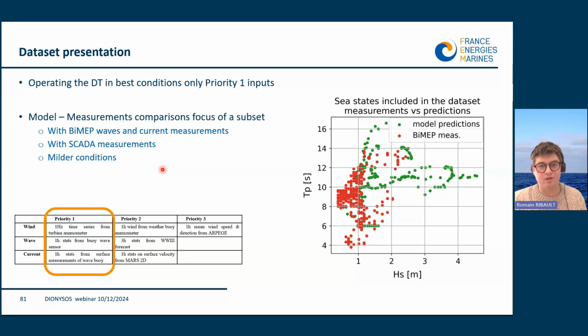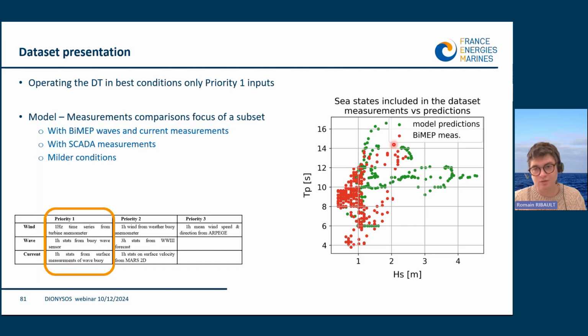To compare model and measurements, we will focus on one subset of our dataset, and we will only consider simulations when we have all the sensors data. So, I mean, anemometer at 1 Hertz on the turbine, 1 hour statistics from the wave buoy, 1 hour statistics from current.